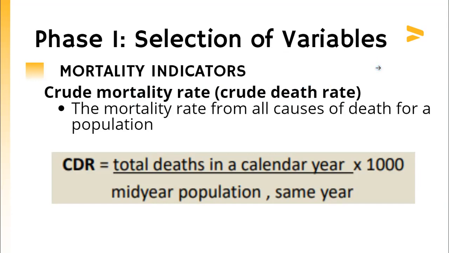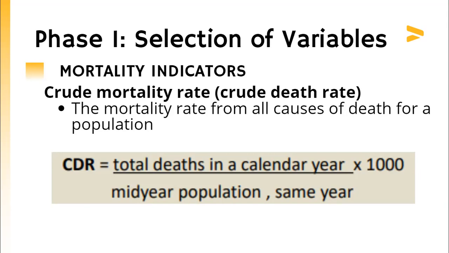This refers to the mortality rate from all causes of death for a population. Why is this called crude? It's because we do not distinguish the particular cause of death. We just roughly count the total number of deaths compared to the total number of population.